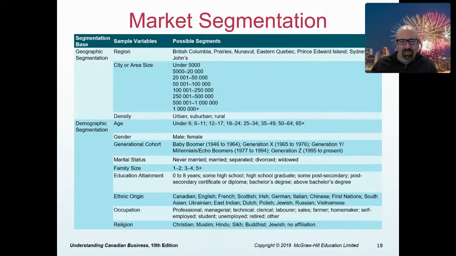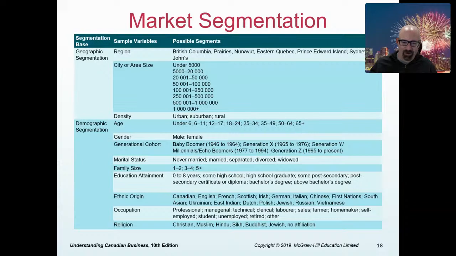Marital status can be another way of dividing people up. If you're a divorce lawyer, well, certainly, who are you looking at? Your target market is separated people without a doubt, I would think, because if you're separated, divorce is the likely next step, right? What else? Family size. How many people are in your family, right? If you have, I don't know, 10 kids, maybe families with 10 kids behave differently than families with 2.